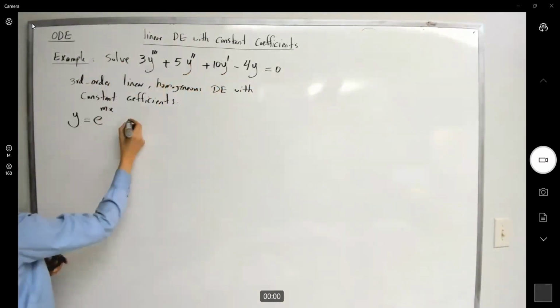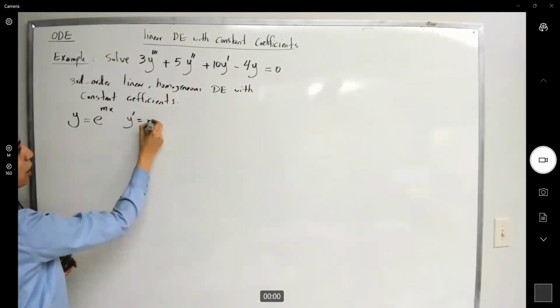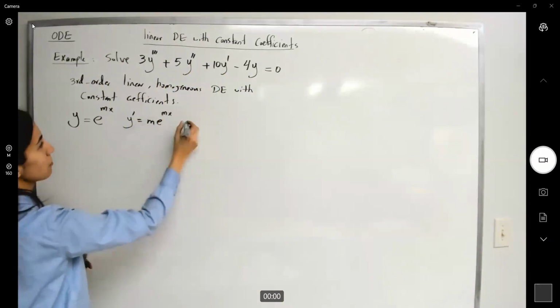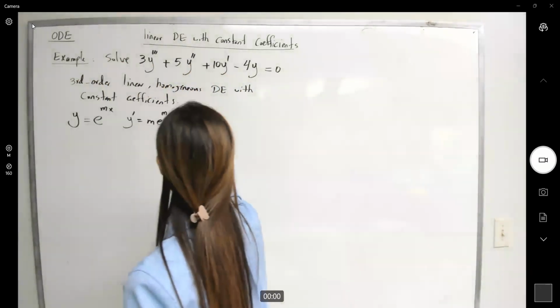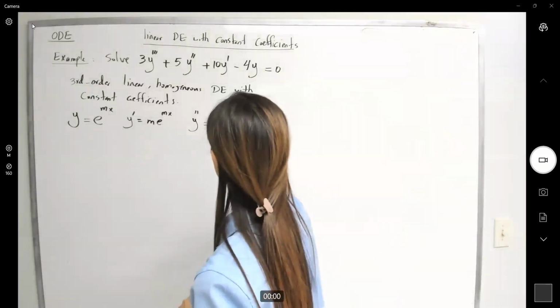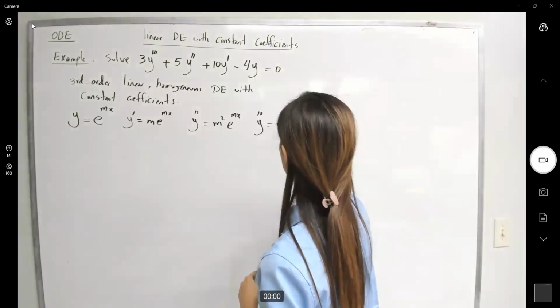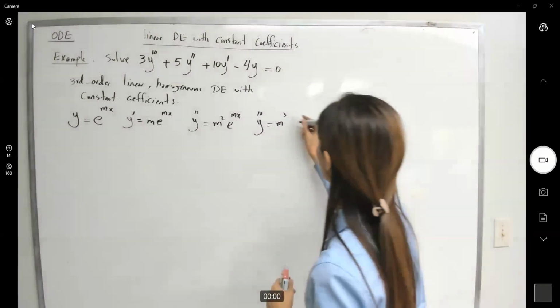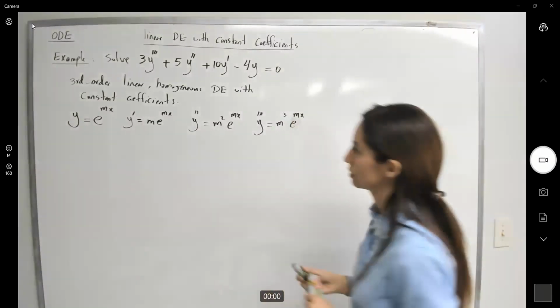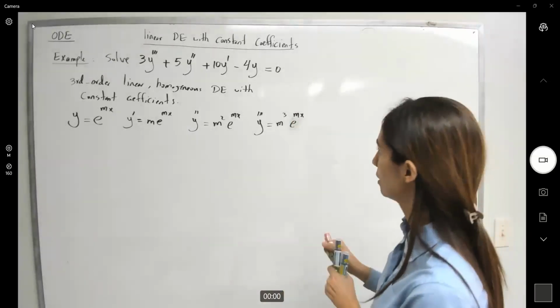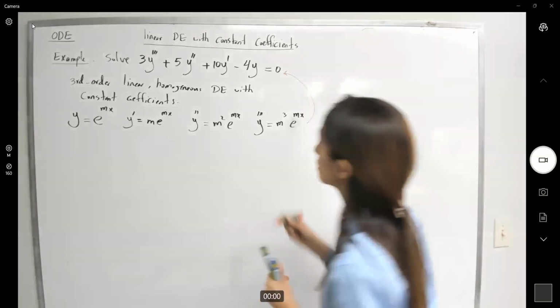So let us continue taking the derivatives. Y prime is m e to mx. The second derivative, m squared e to mx. And the third derivative is m cubed e to mx. Very good. Now just plug everything back into the differential equation.